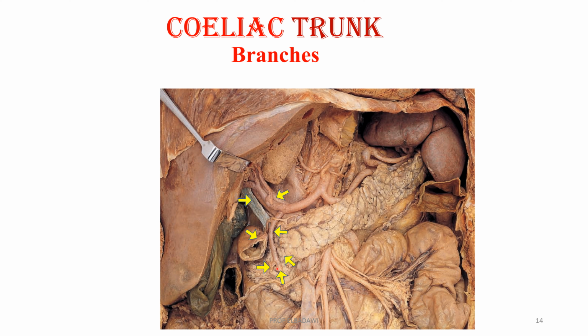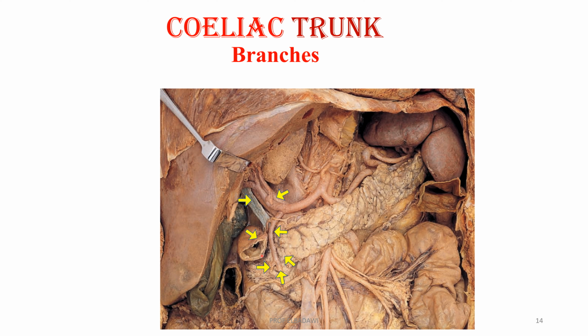The right gastroepiploic will pass along the greater curvature of the stomach between the two layers of the greater omentum to end by anastomosing with the left gastroepiploic artery, while the superior pancreaticoduodenal will descend between the head of the pancreas and the duodenum.